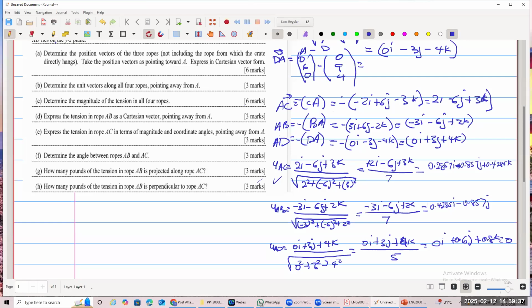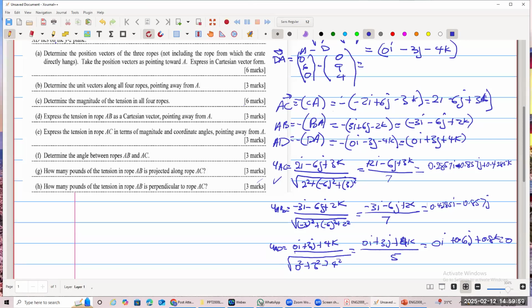All right, and AD, let me check the AD values. AD looks like I should have a minus there too. We're supposed to have a minus with the AD values. Let me see, where is my equation? Oh, hold on.